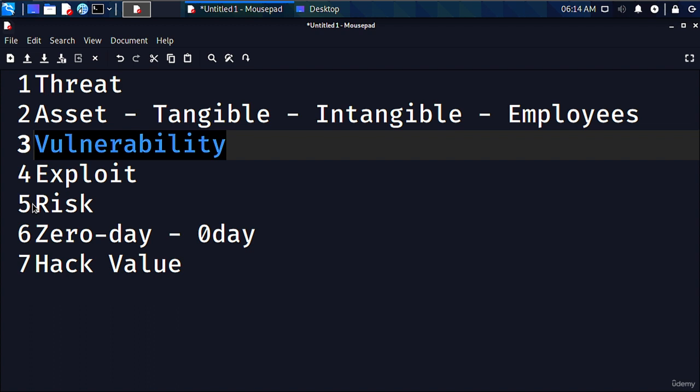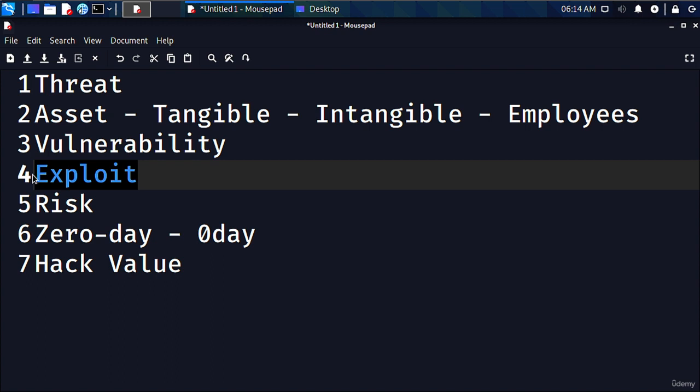Now that we know what a vulnerability is, let's take a look at what is used by a hacker to take advantage of a security weakness in the next phase of our lecture here. Exploit. Exploit attacks are the ways hackers take advantage of weaknesses or vulnerabilities within systems.